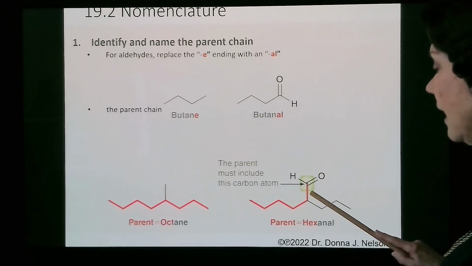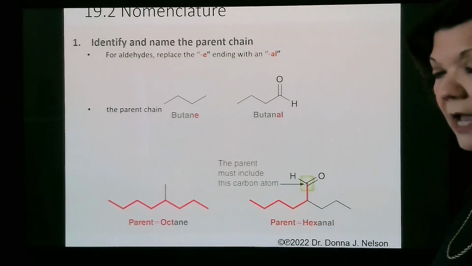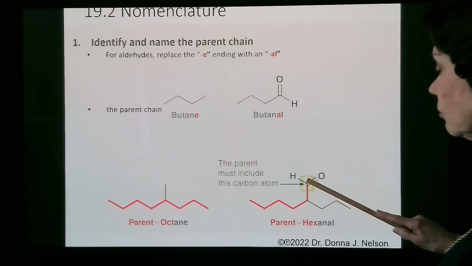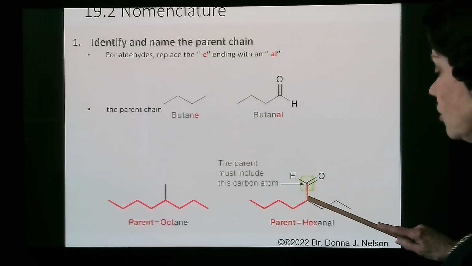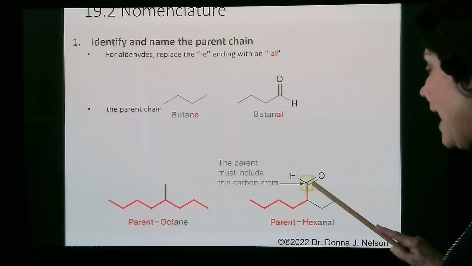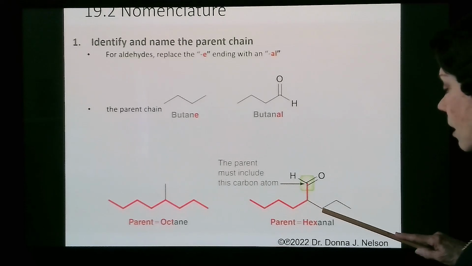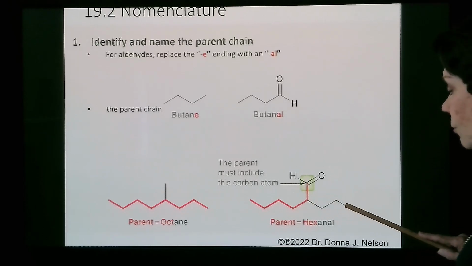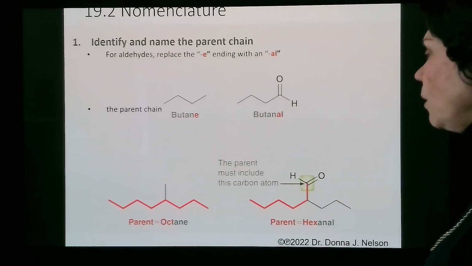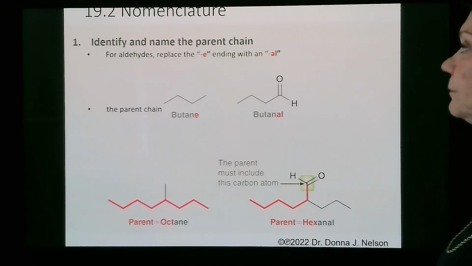So now it is a 6 carbon chain, and you, of course, will start numbering up here at the functional group: 1, 2, 3, 4, 5, 6. So it's hexanal, and this is going to be 2-propylhexanal. That's the way that you name that molecule.